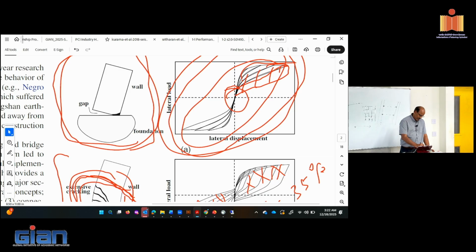Observe that if I have a tendon here, there's going to be a gap open up. This will be a substantial gap opening at the base.